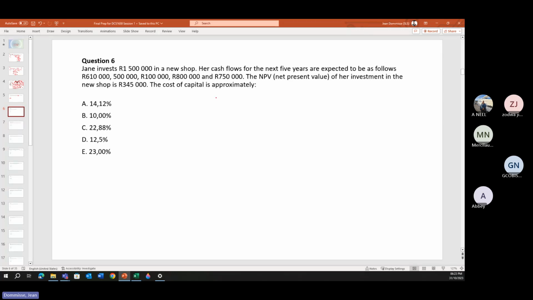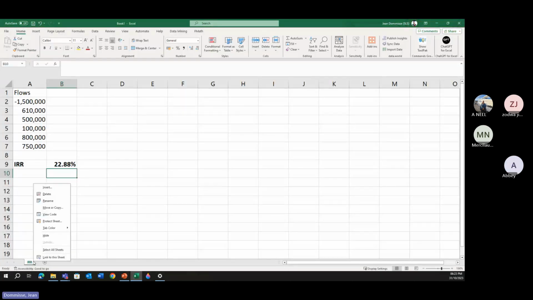Okay, so in this instance, again, you're basically working with the same data. So I'm going to check if we can do it on Excel as well. So let's quickly first do it.